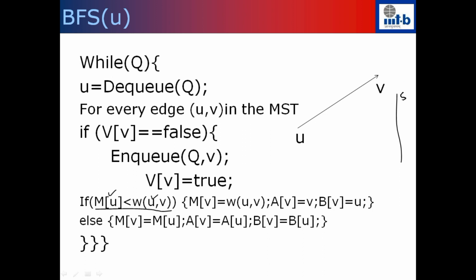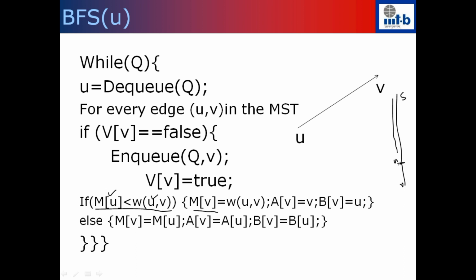There is an S here and a U here, and you have this edge U comma V. m of U will keep track of the maximum weighted edge in the path from S to U. If this edge that you have discovered now, U to V, has a weight which is bigger than m of U, then m of V, which is the maximum weighted edge when I reach V in the path from S to V, will be this edge, because its weight is bigger than the maximum weighted edge from S to U, which is stored in m of U.